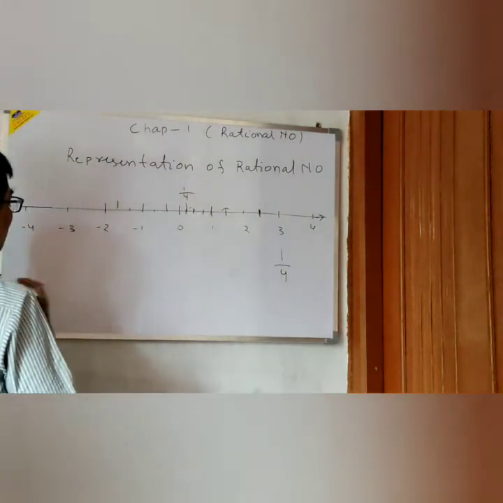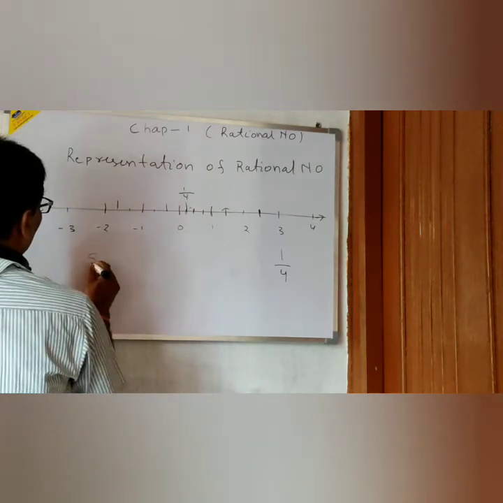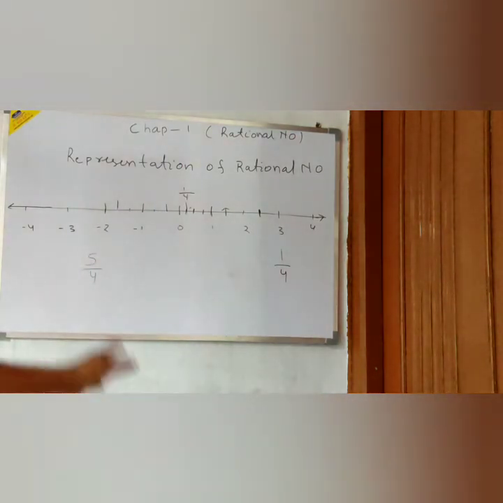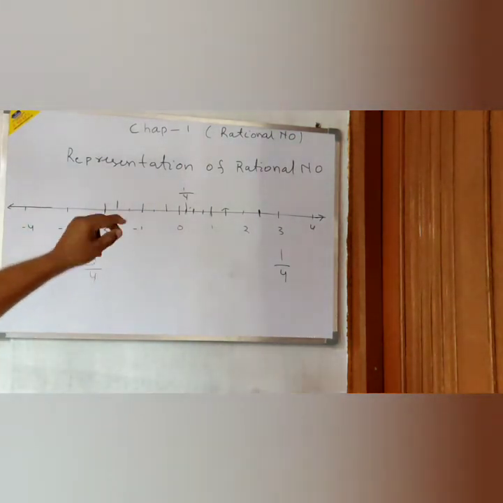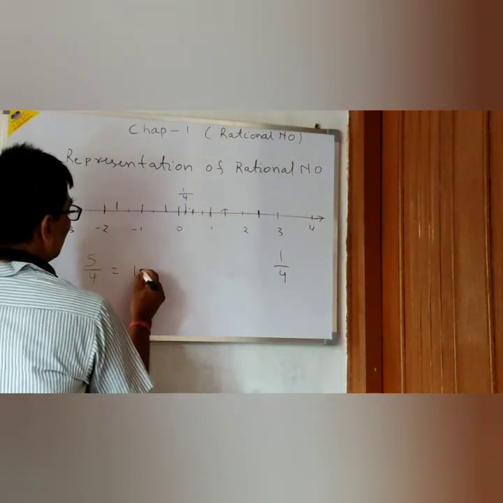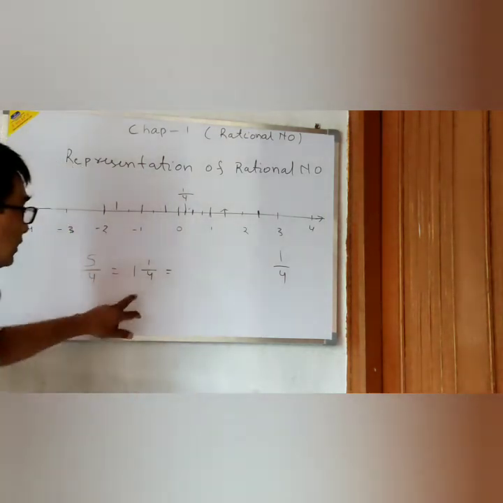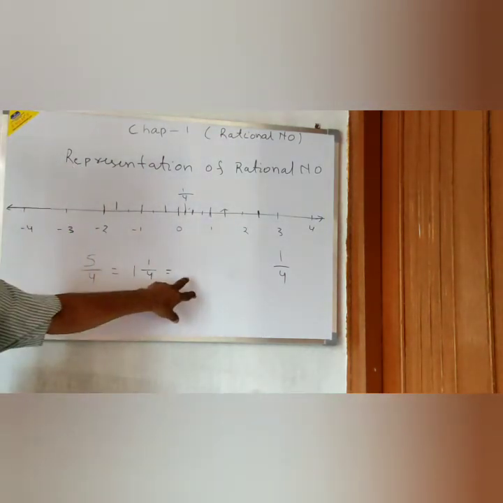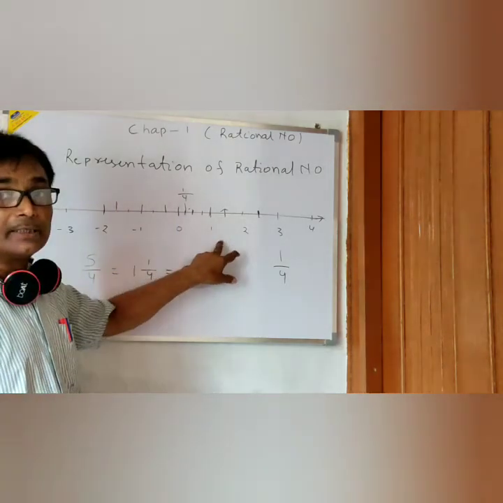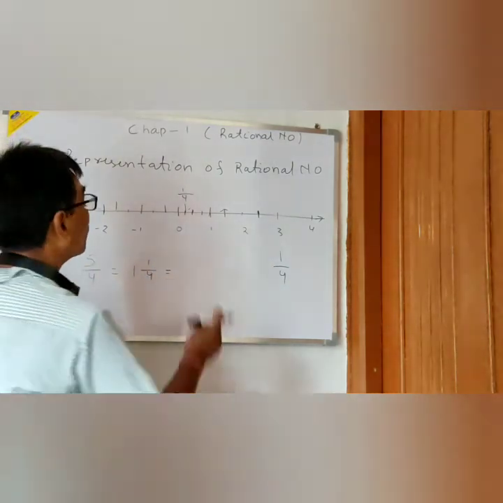Now, if you want to represent 5 by 4 on the number line, what is the place of 5 by 4 on the number line? How can we decide it? It is decided by one integer 1 by 4. Now, this is greater than 1 and less than 2. If you take points on this, we take equal parts between 1 and 2.